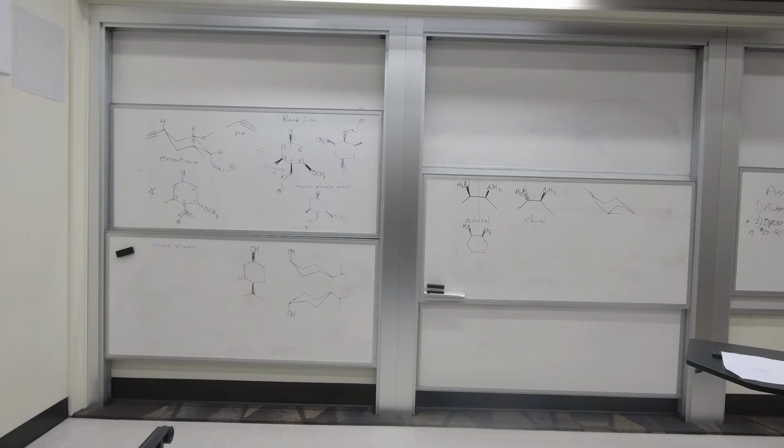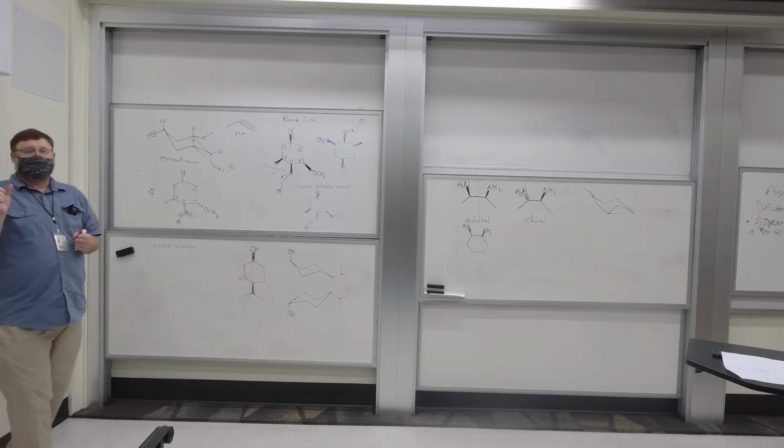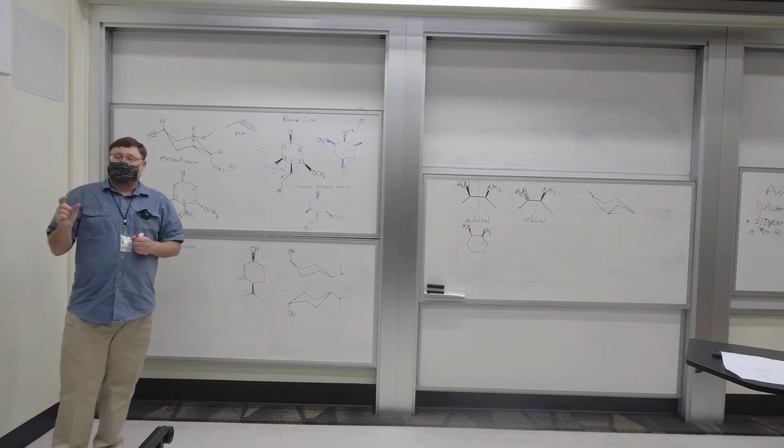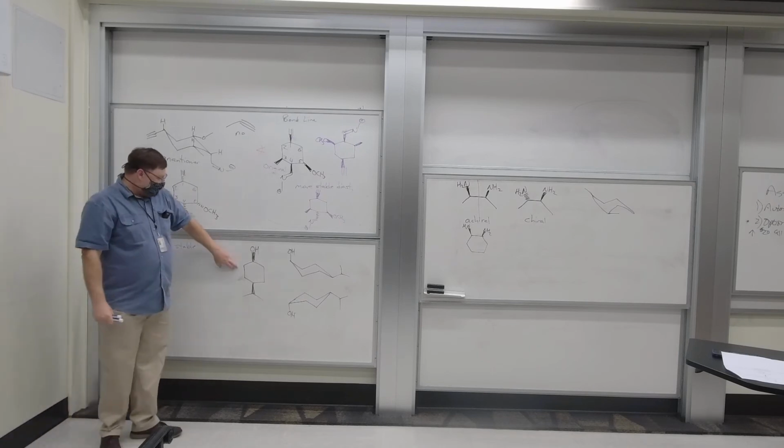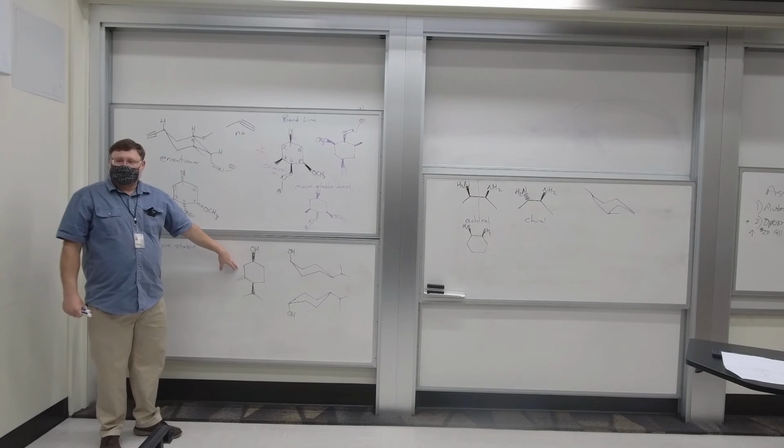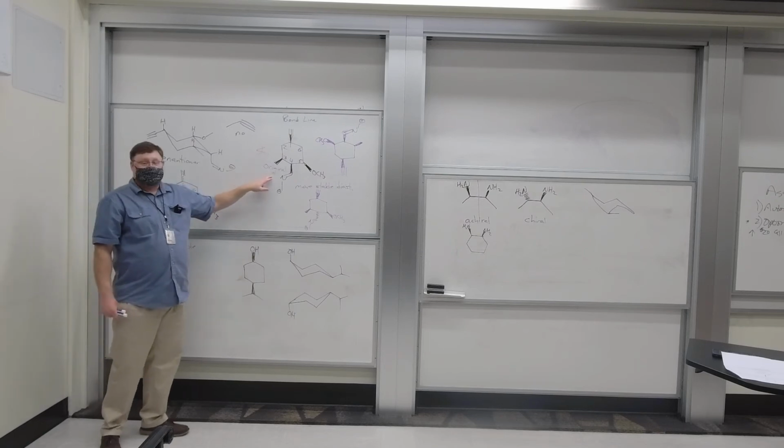Another thing, when you have a molecule that has that many substituents on it, how do you assign cis and trans? That's an excellent question. Cis and trans only refers to the relationship between two groups. So this one, we can say this is cis-4-isopropylcyclohexanol. The diastereomer would be trans. This one is not cis and trans.